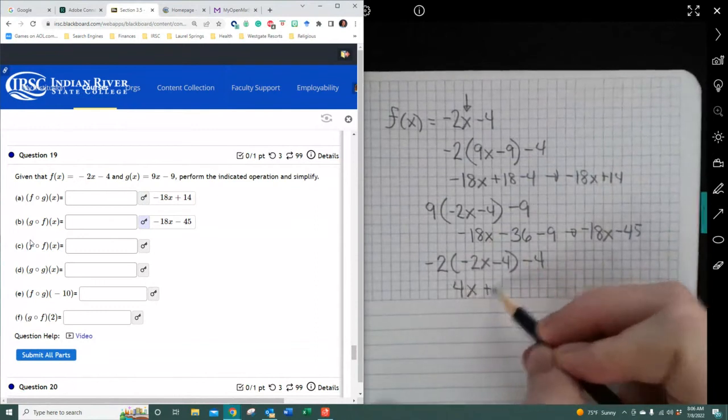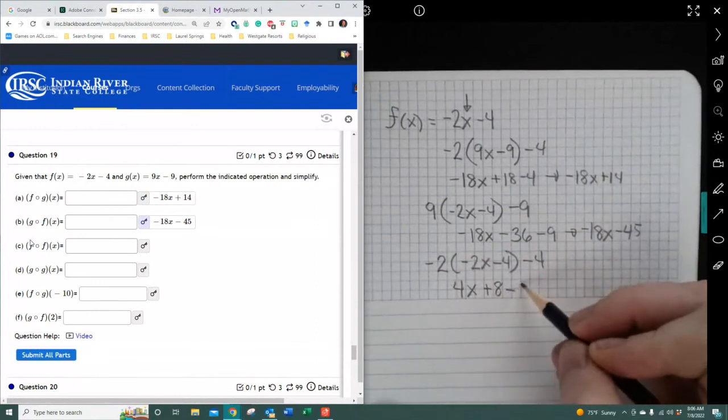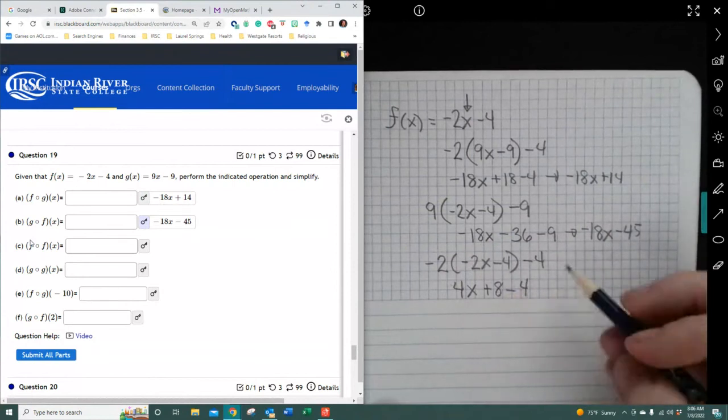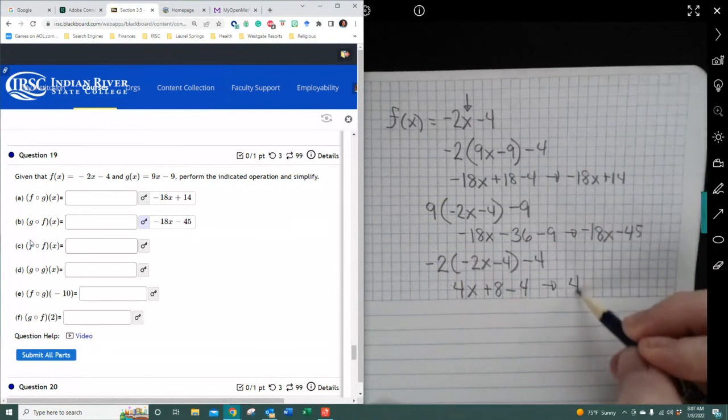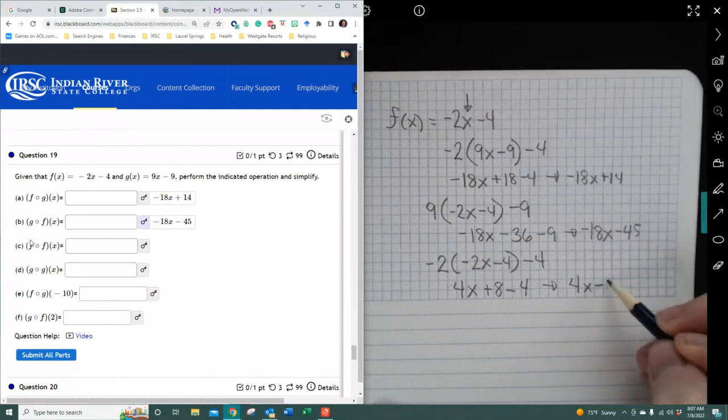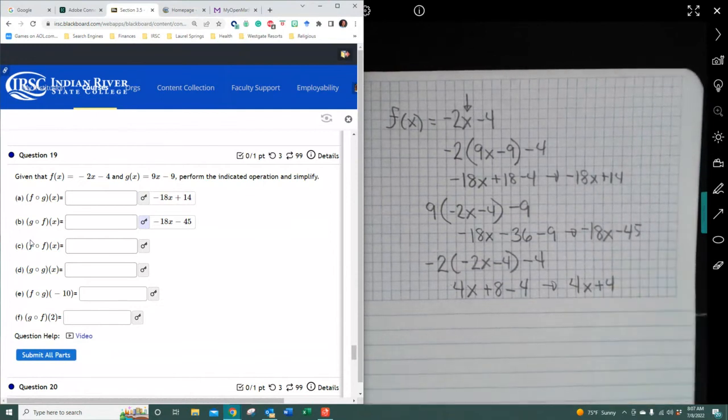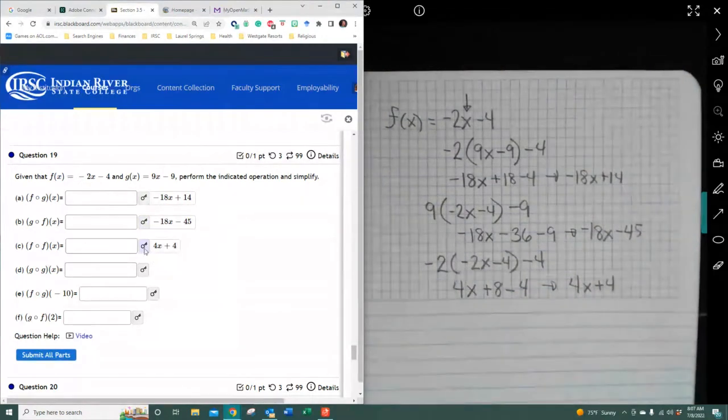It gets repetitive, I can't express that enough. It's kind of boring at times because it's the same thing, and it's not hard to do at all. And then for g of x, you put it inside the g of x. So take 9x minus 9 and insert it into the x, then do the distributive property, combine like terms, and that's what you get.